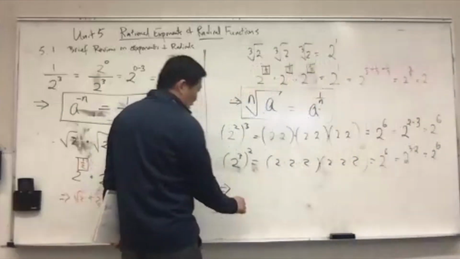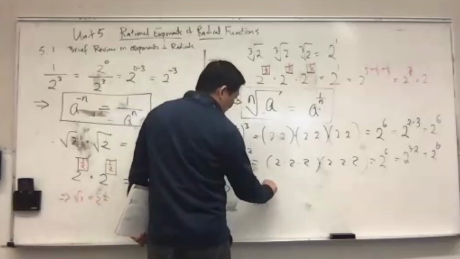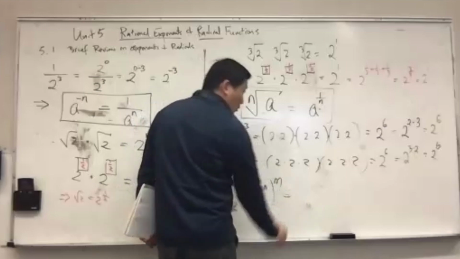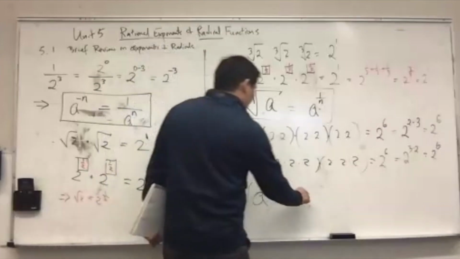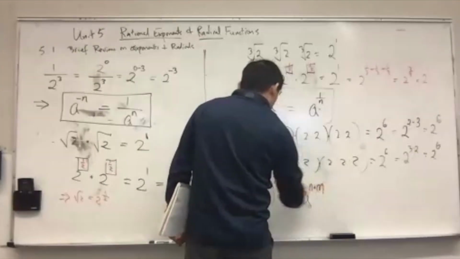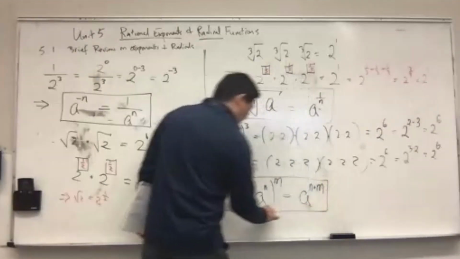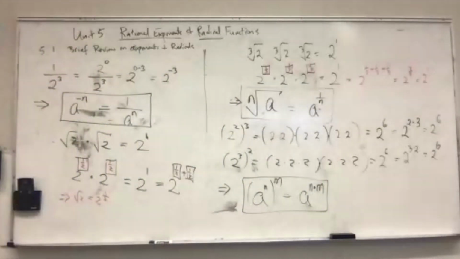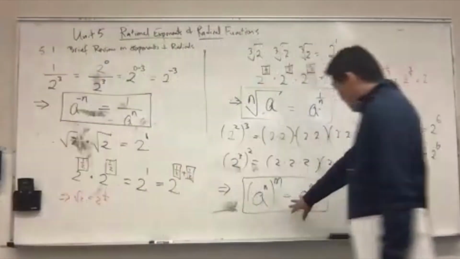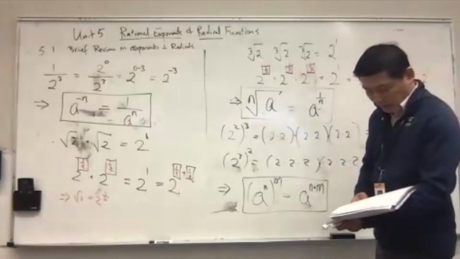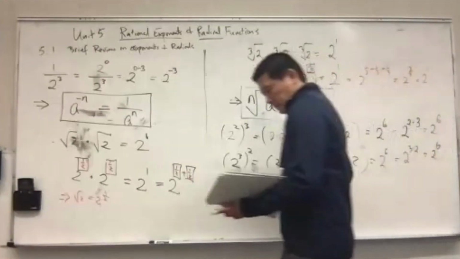This means that if you have the same base, a to the n power to the m power, power to power, then you end up with a to the n times m. Now, this is important because we're going to mix them with a radical function. We're going to mix this idea over here with this idea, right? We're going to combine these different things.